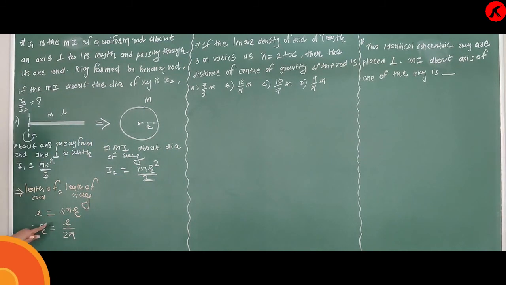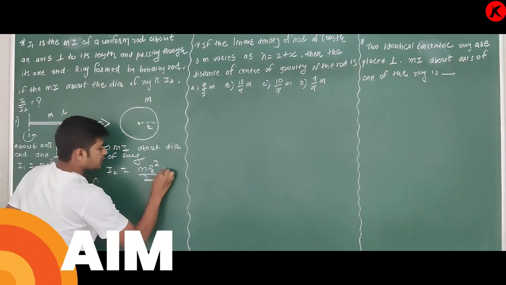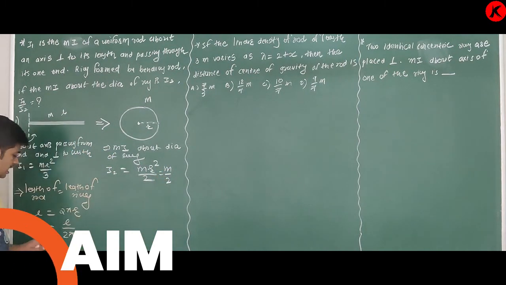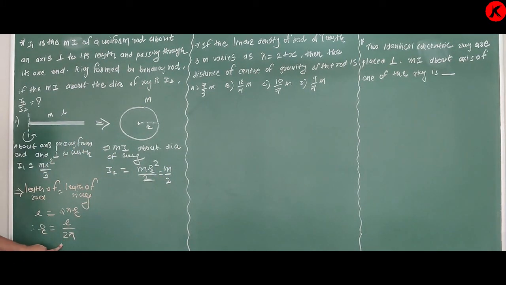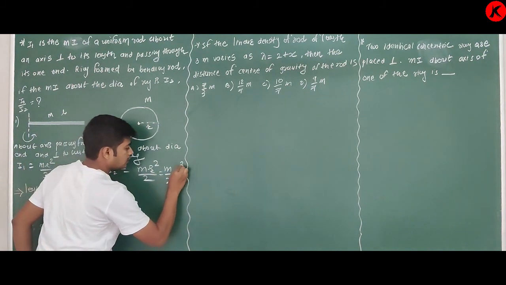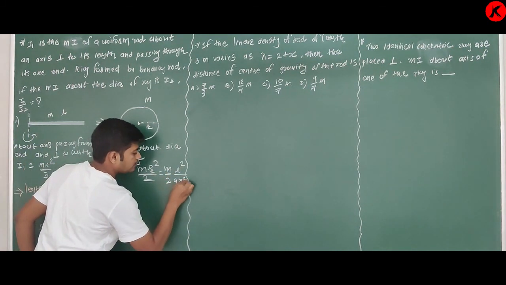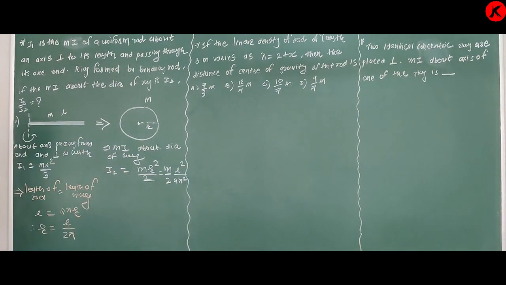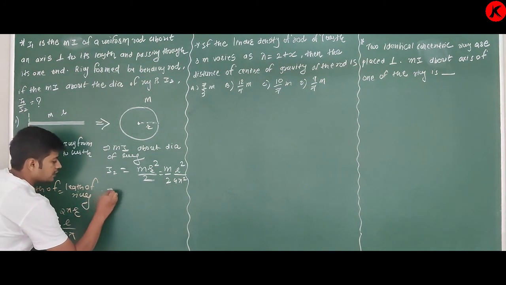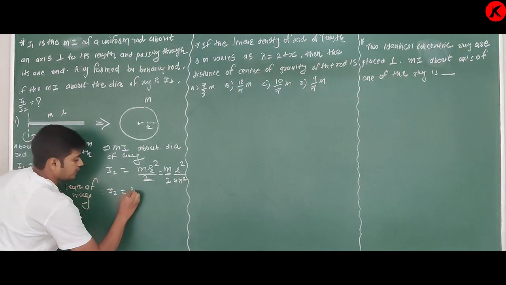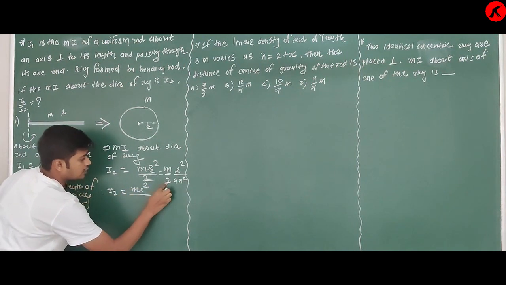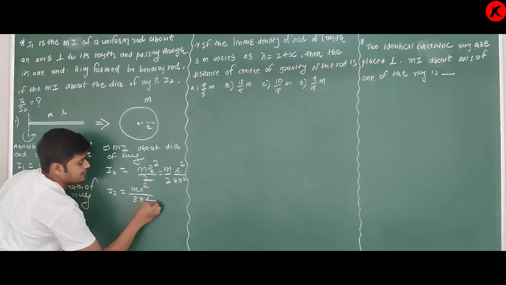What is r? It is L upon 2 pi. So it is m by 2, L upon 2 pi squared, which is L square upon 4 pi square. Any doubt? So therefore I2 is equal to ml square upon 8 pi square.